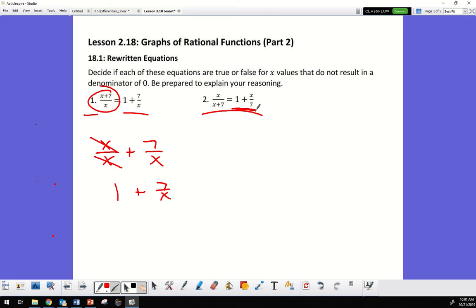So I could actually break this up and make it look like that. So now I'm going to rewrite this, and it's going to look kind of funny. I'm using the same information the way I did over here, but this is going to be 7 over 7 plus x over 7.